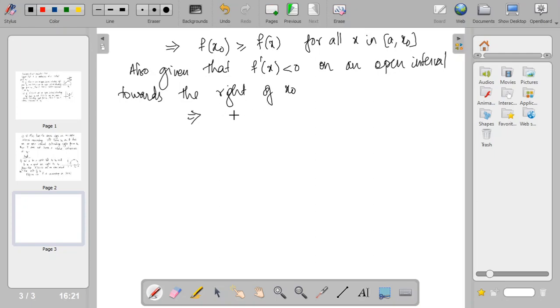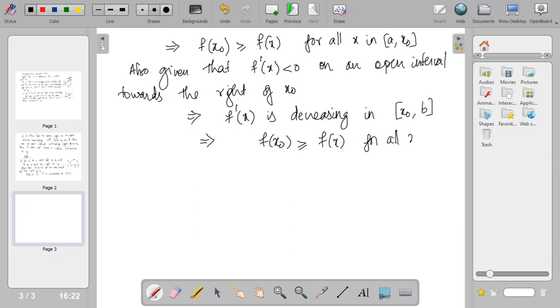So that implies f is decreasing in the interval x0 to B. So that implies f of x0 will be greater than or equal to f of x for all x in x0 to B.